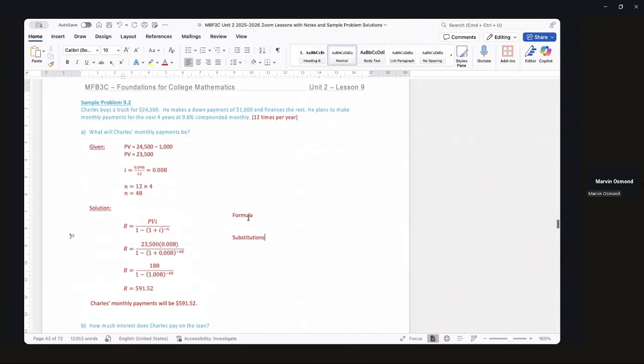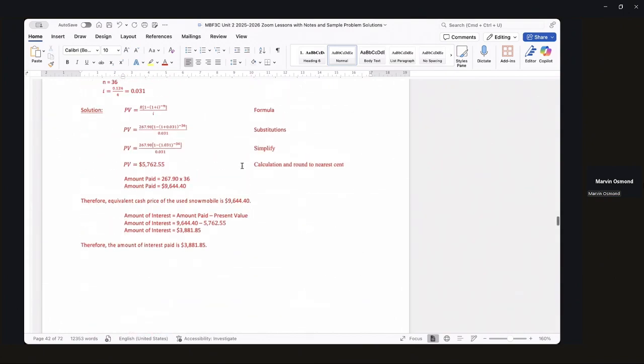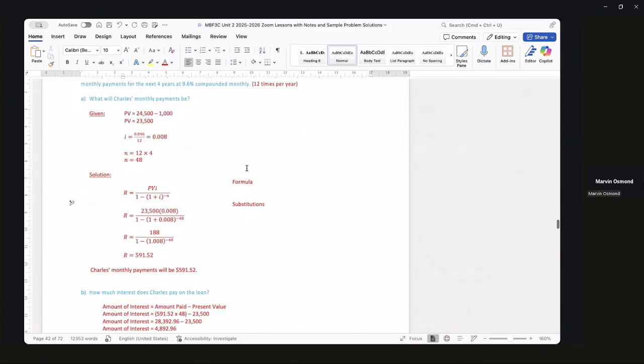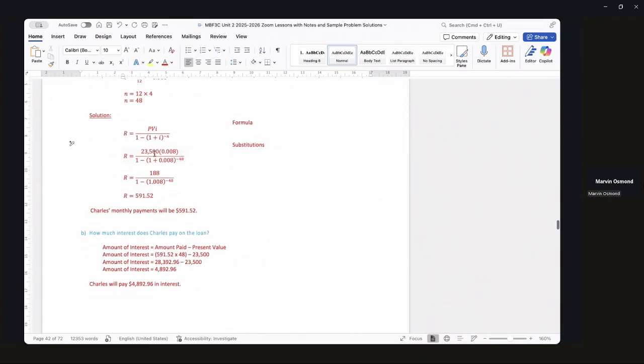You're going to be substituting three different values: the PV value, the I value, and the N value. Then we're going to simplify, and then we're going to do the calculations. And of course, round to the nearest cent.